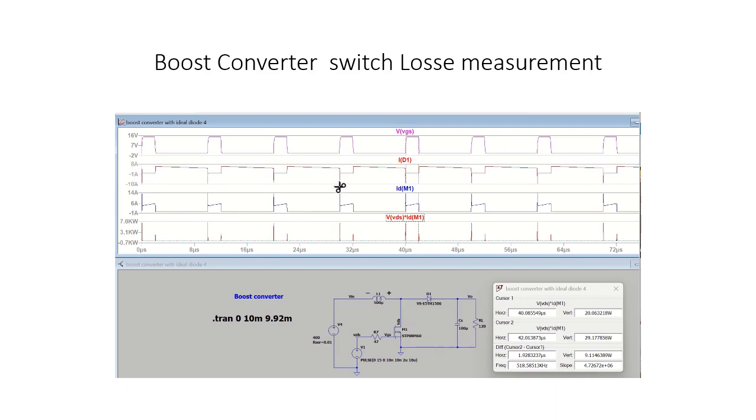You can see the reverse recovery current of the diode that has to flow into the switch. That leads to a forward current in the MOSFET, which resulted in a bigger spike in the turn on losses.